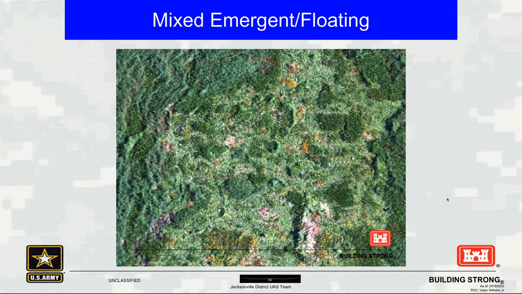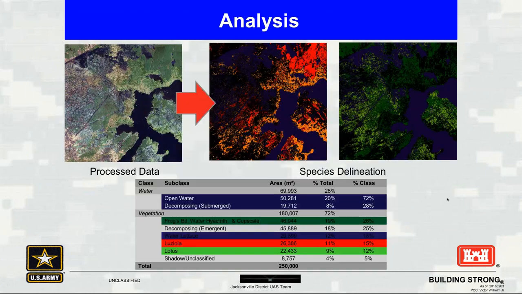We ran the analysis on the imagery. Like I said, it was 250 acres, so it wasn't a giant area, and we only had about 6 or 7 different species that we wanted to delineate. This was performed in ENVI at the time, and what we found is the Luziola in that 250 acres was composed of about 15% of that image.